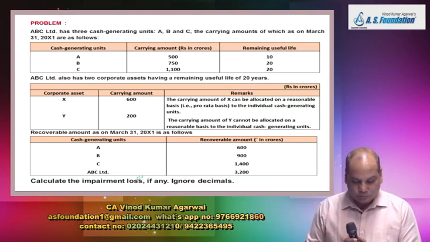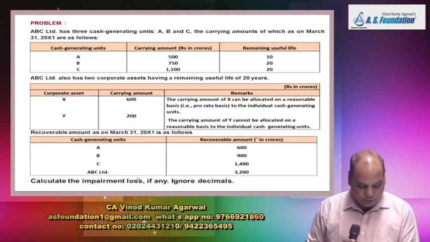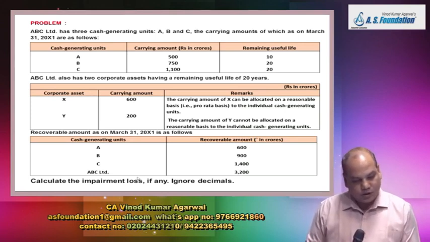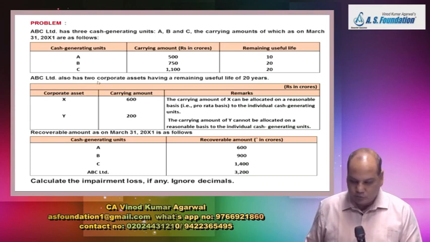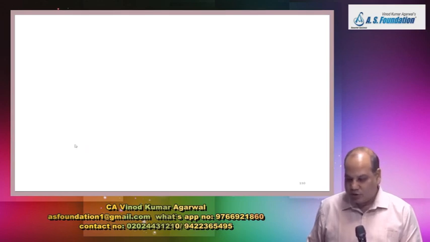Okay. Now in this question, first we'll have to compute the impairment loss of ABC. Okay. So understand the answer.